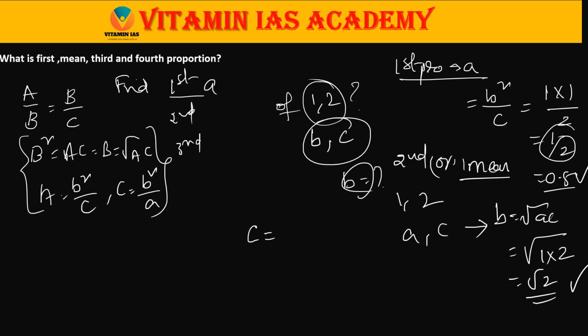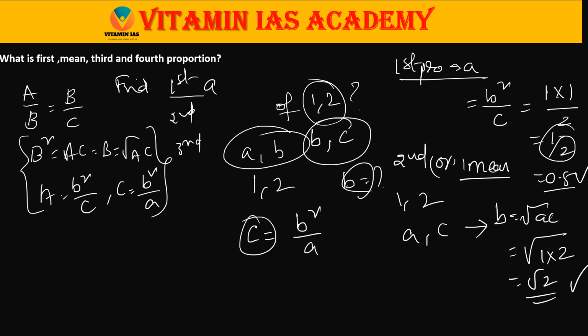Same like that, the third proportion or C. C is equal to B square by A. So 1, 2. C you have to find, so except C, you have to fill with A, B. A value is 1, B value is 2. So here B value means 2 into 2, 2 square, and A value 1, so 4 by 1, nothing but 4.